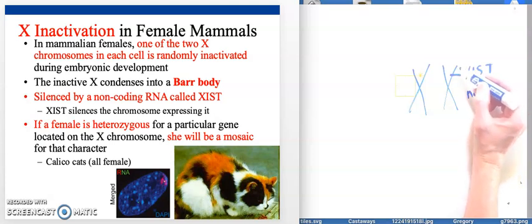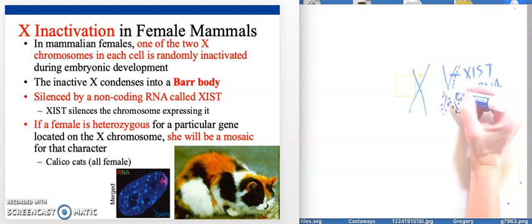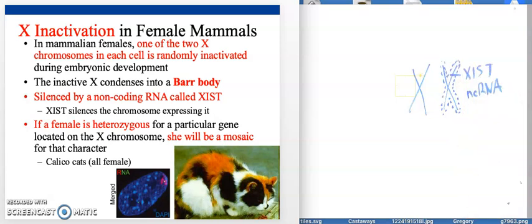That Xist RNA goes back and coats the X chromosome that first turned that gene on. That coating of RNA attracts other proteins that cause this X to shrivel up and compact down into a tiny little Barr body.